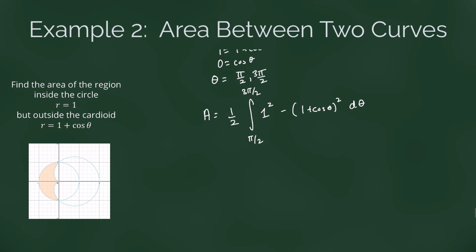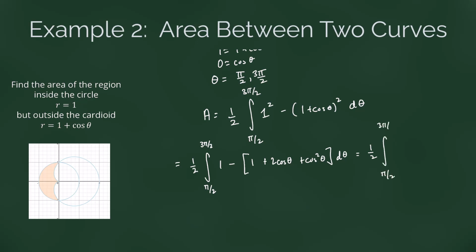So this is 1/2 the integral from pi over 2 to 3 pi over 2 of 1 minus 1 plus 2 cosine theta plus cosine squared theta, d theta, which is 1/2 the integral from pi over 2 to 3 pi over 2 of negative 2 cosine theta minus cosine squared theta d theta.